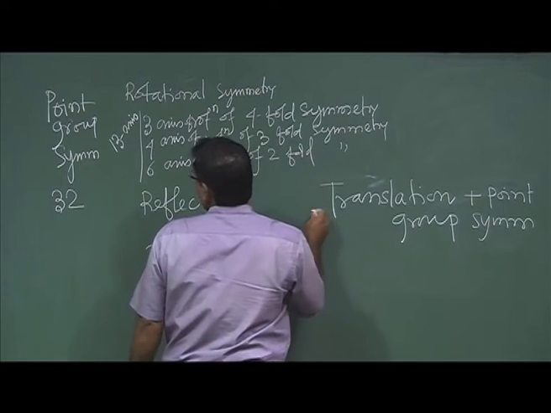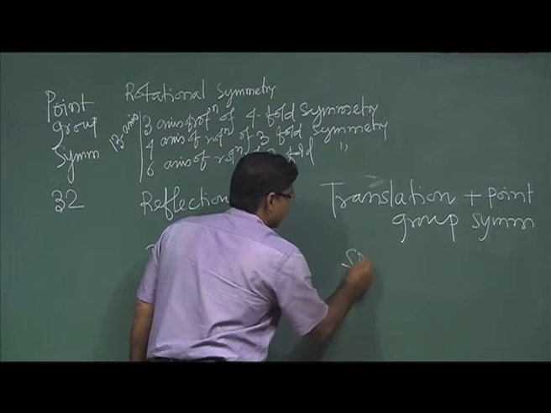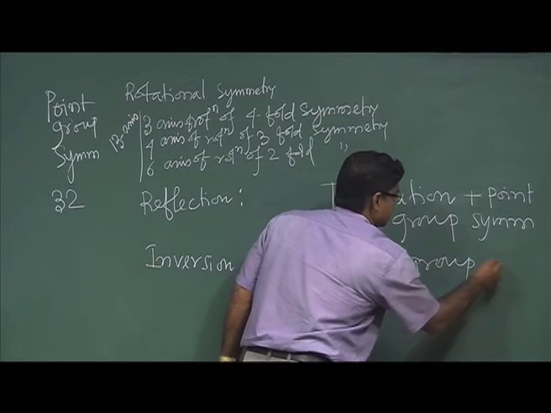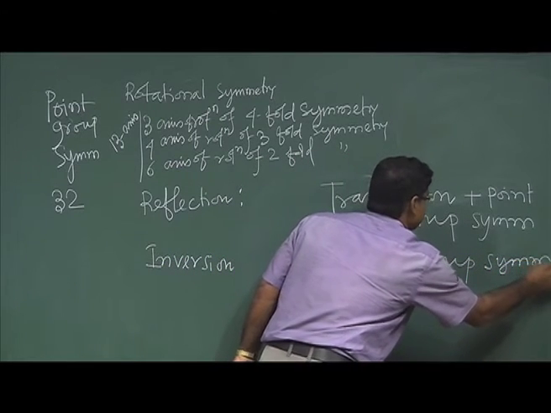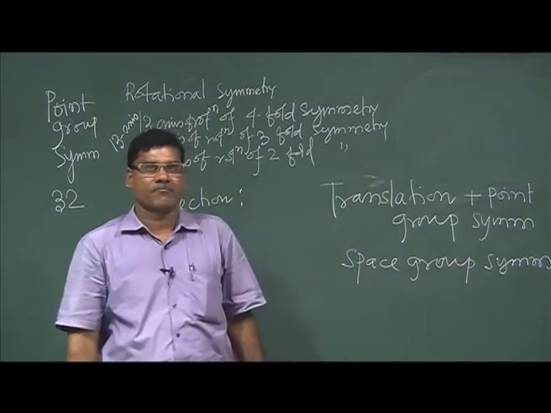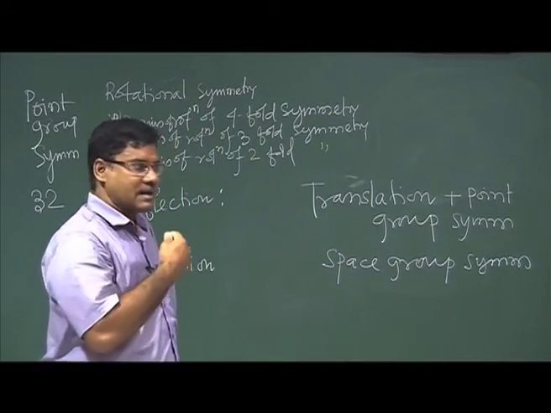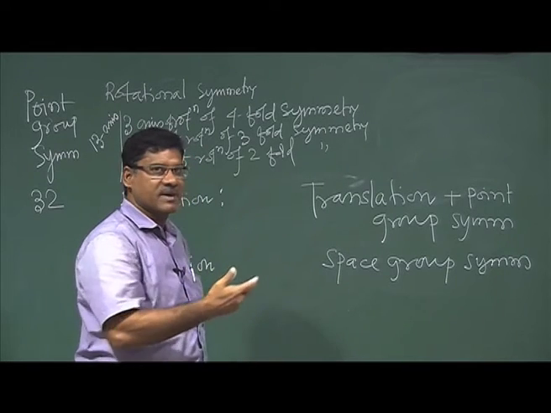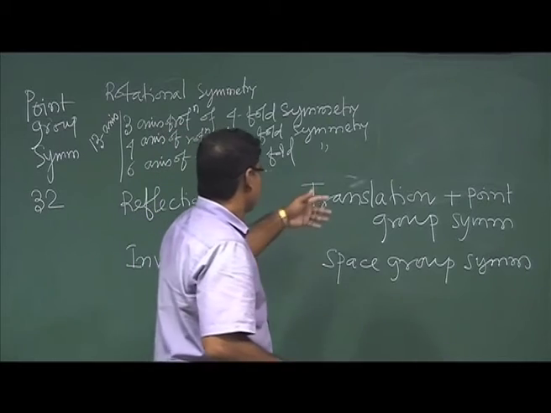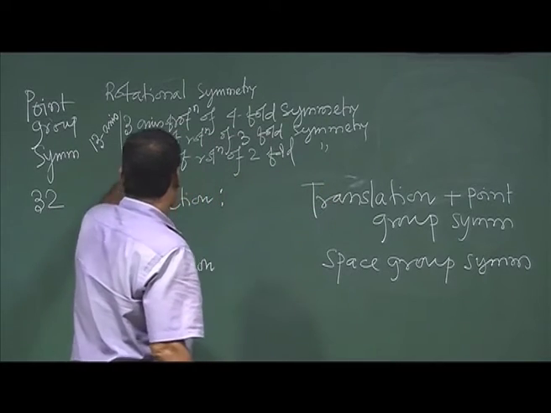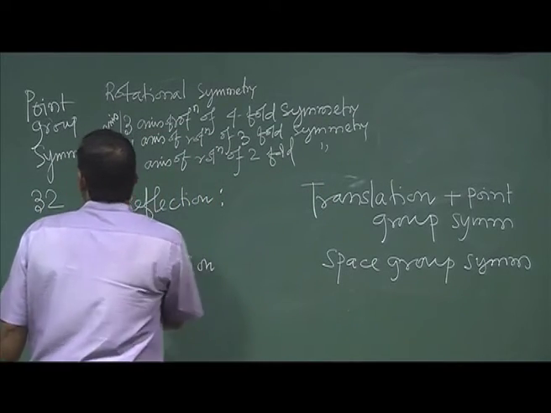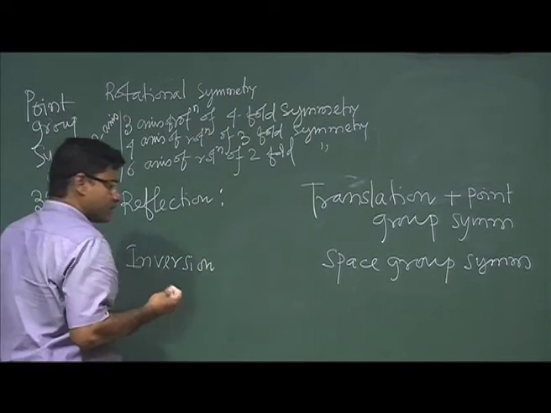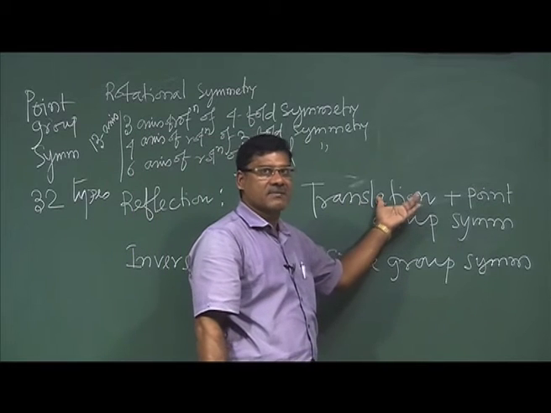So, that is called space group symmetry. So, translation symmetry is combined with the point group symmetry. So, point group symmetry, as I told, is of 32 types, with translation symmetry.